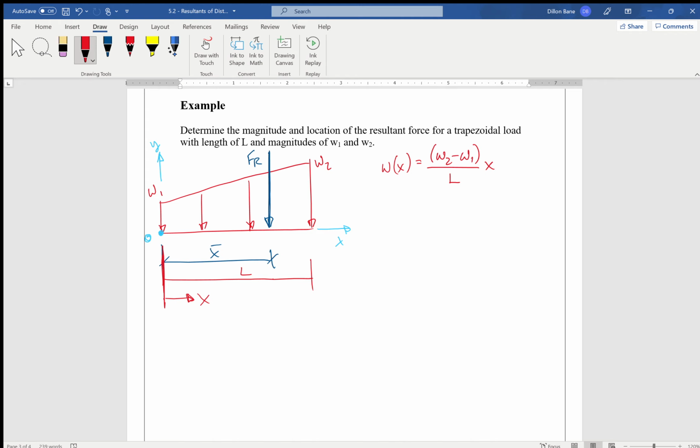And this time, instead of our y-intercept just equaling 0 like it did for the triangular load, we do have a y-intercept of W1. So that is our function for our load. That's the functional load. If we integrate this to figure out what the magnitude of our resultant load is, we integrate from 0 to L, and we just perform the integration.